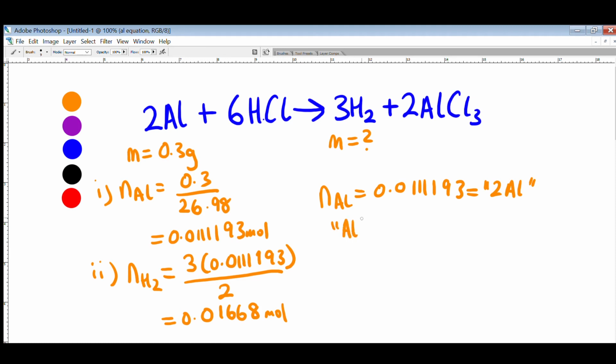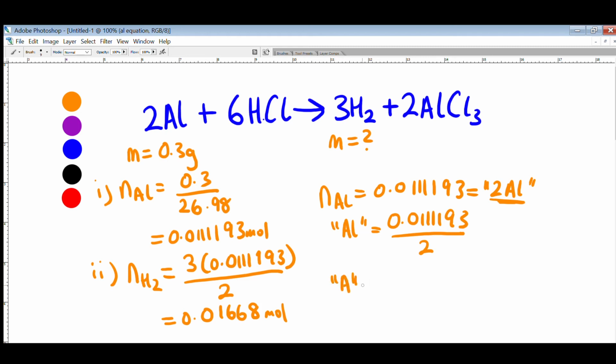So if we just wanted the 1Al, I'm putting these in inverted commas because it's not very stoichiometric-like, and you shouldn't write this down. This is just more for your understanding. You want to divide it by 2, right?